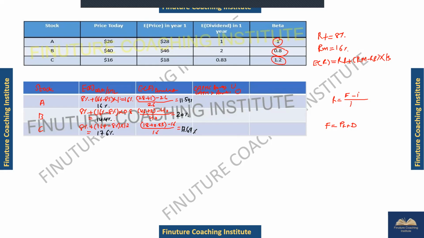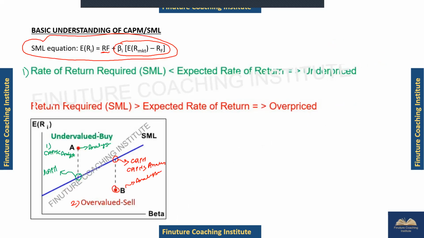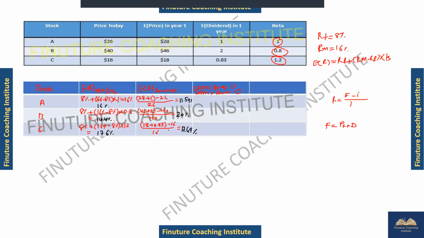If you see, in the last two cases, CAPM returns are less than what the analyst is predicting. SML is less than expected return by analyst: 17.6 is less than 17.69, and 14.4% is less than 20.